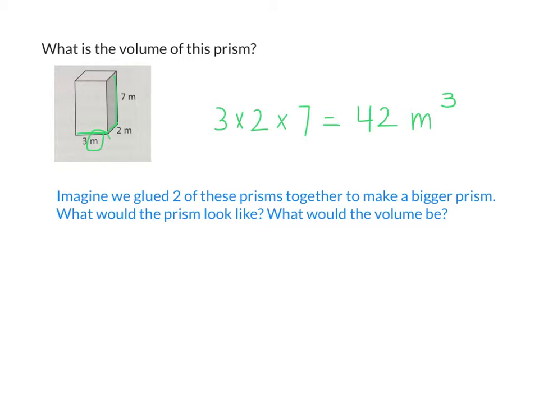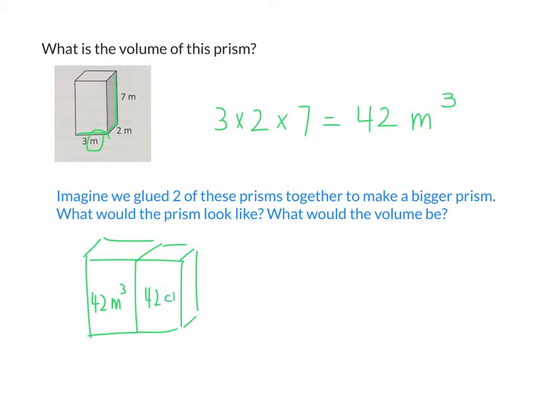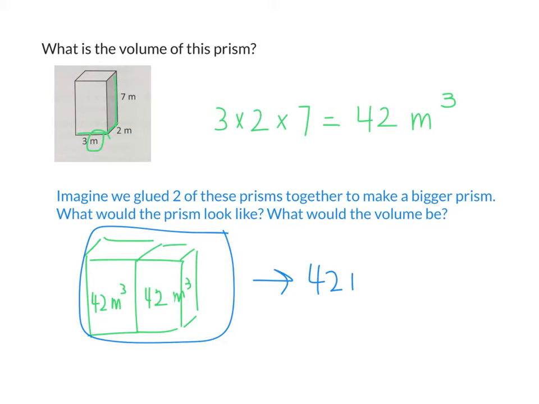Good, because the volume of the first one is 42 cubic meters, and the second one is still 42 cubic meters. So the total volume would be 42 plus 42, or 84 cubic meters. Explain to your table group how you know that this volume would be 84 cubic meters.